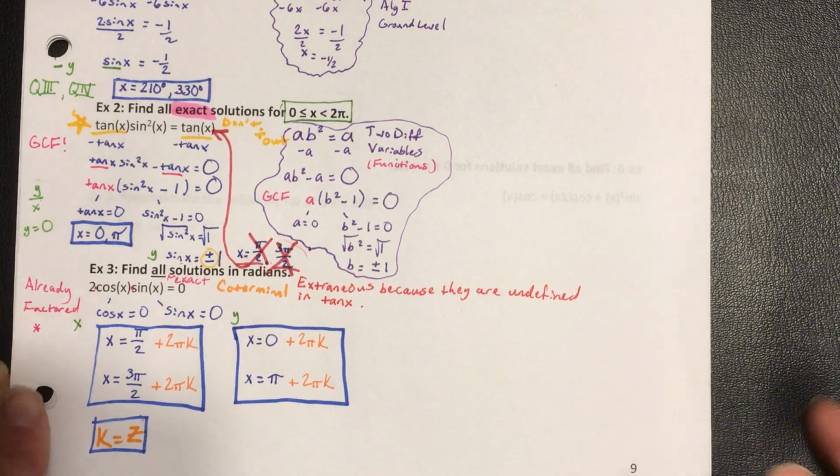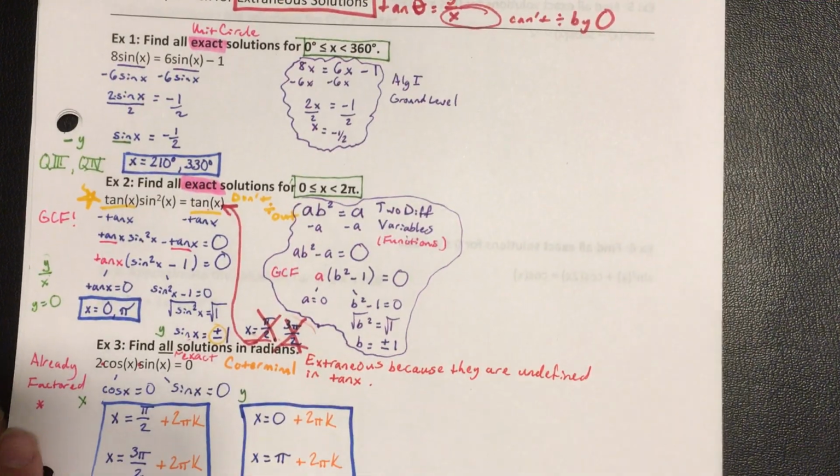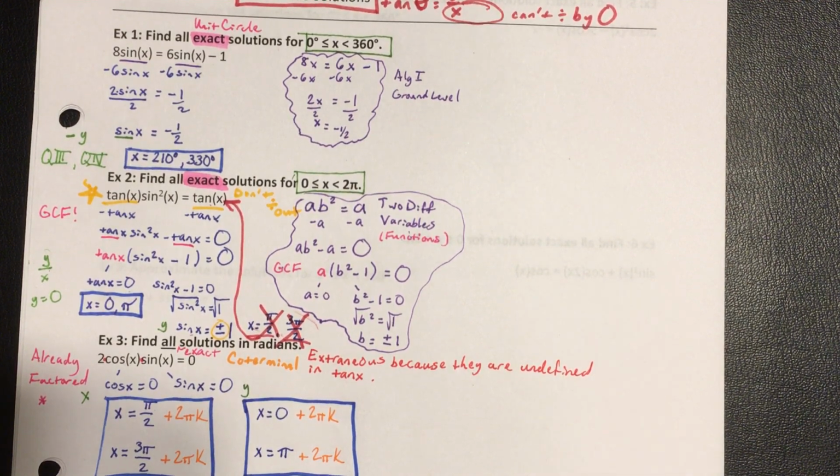So we have now done 3 solving problems, and as you can see, every problem has its own little weird nuances, and it's figuring out what you would do as either an Algebra 1 problem or an Algebra 2 problem that can make these a little bit challenging. So it's sifting through the trig and figuring out, basic mathematic-wise, what you would need to do to solve.